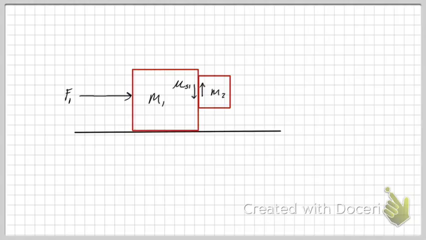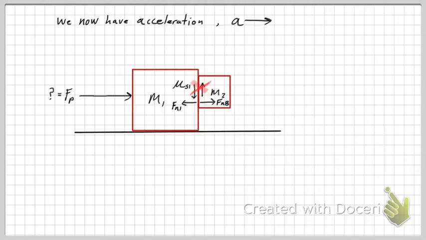All right, now how is that going to help us? Well, first of all, now that we know the acceleration, and if we treat this thing as an entire system, some of these other little forces in here are going to cancel out. For instance, these guys are a reaction pair, and this force normal of the big block on the little block and the little block on the big block are also going to cancel out.